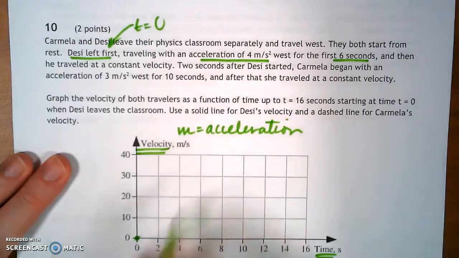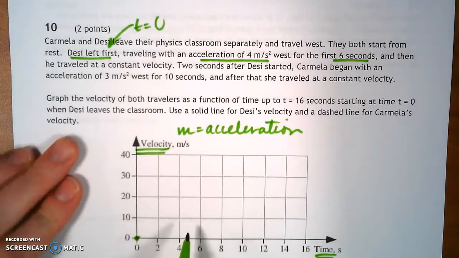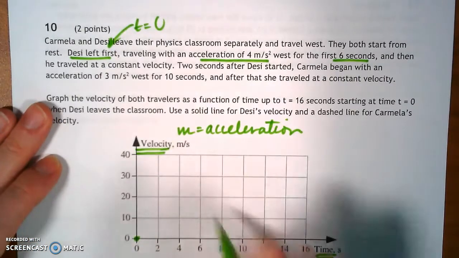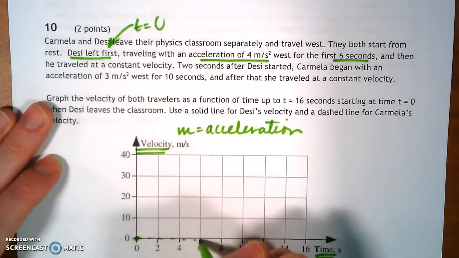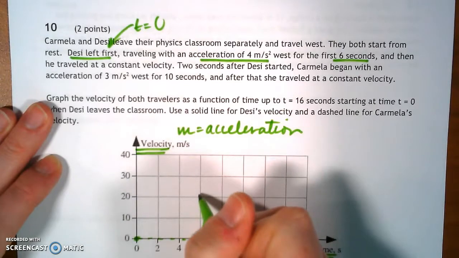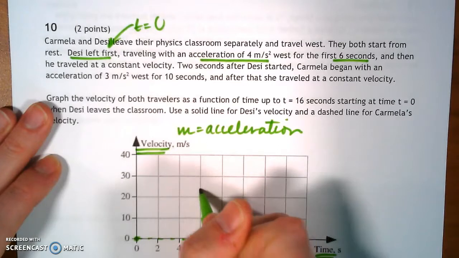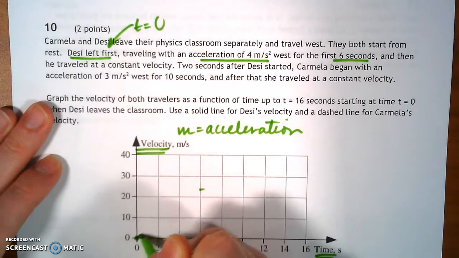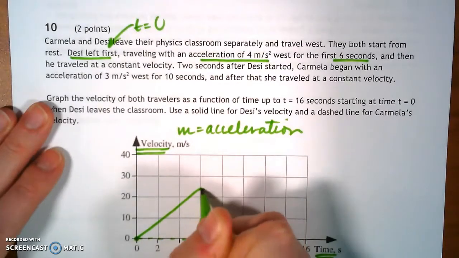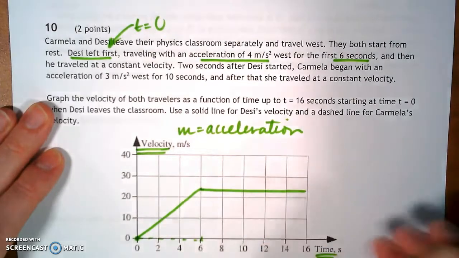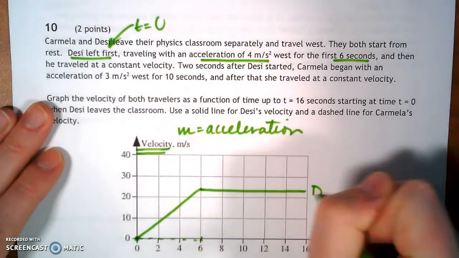So if he's got an acceleration of 4 meters per second squared, then for those first 6 seconds, he's going to have an acceleration of 4 meters per second every second, which means he's going to reach a top speed of 24 meters per second. He is obviously driving a car. So here's Desi.